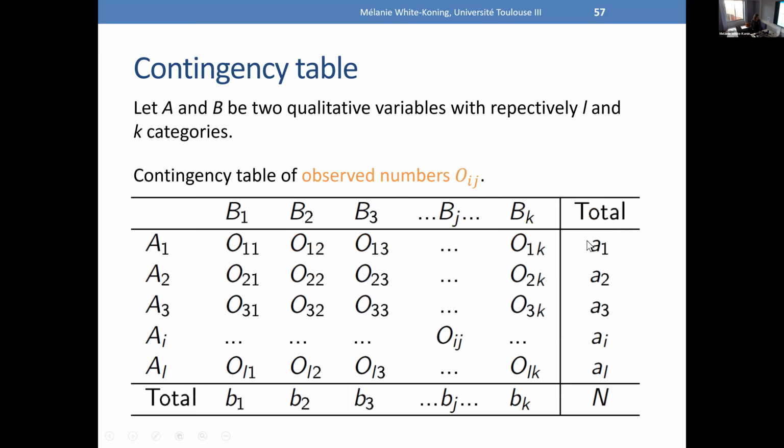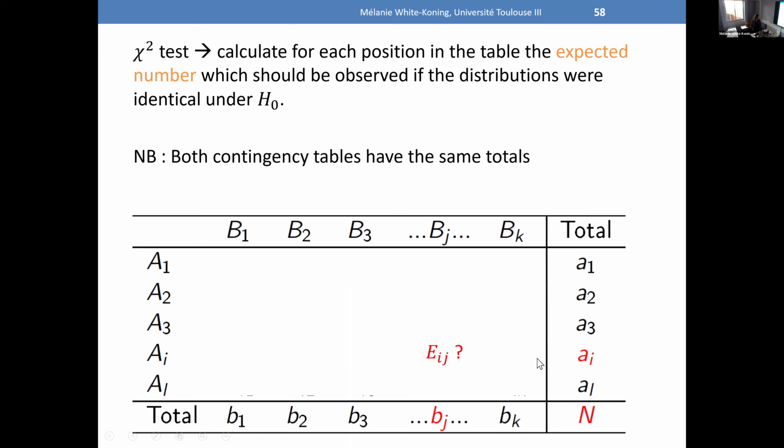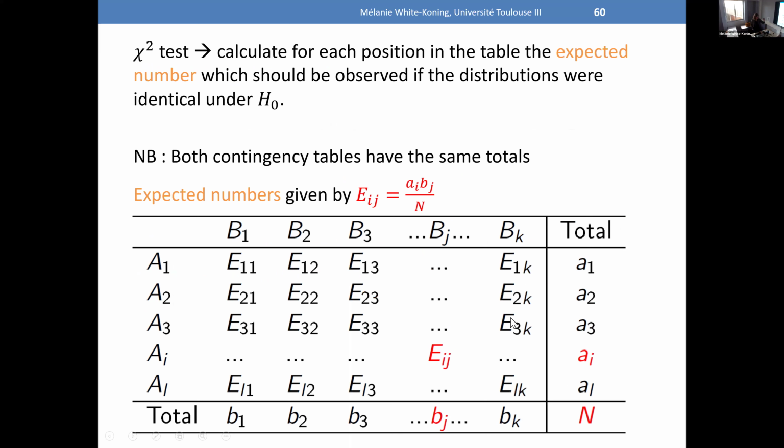Then we're going to create tables like this with observed numbers and expected numbers, which we will calculate. And then when we compare the observed and the expected, we will see whether we are close or far away, and therefore whether we reject or not the null hypothesis. Okay? So we'll see that next time.